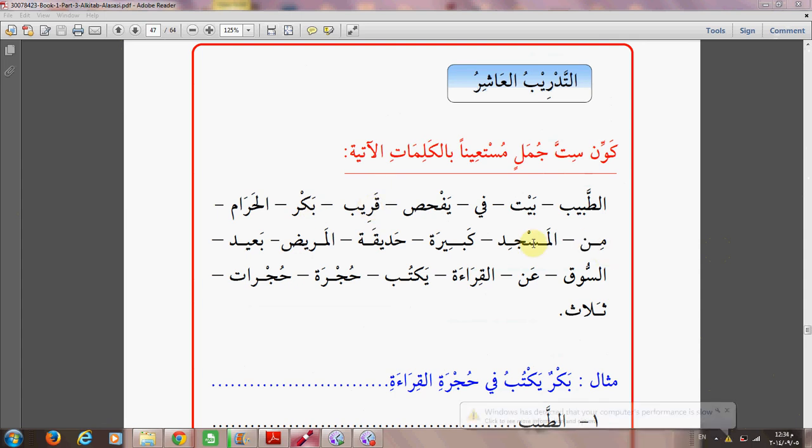This is the second sentence. Okay. Now الحرام, we can say المسجد في, I think there should be شارع here.